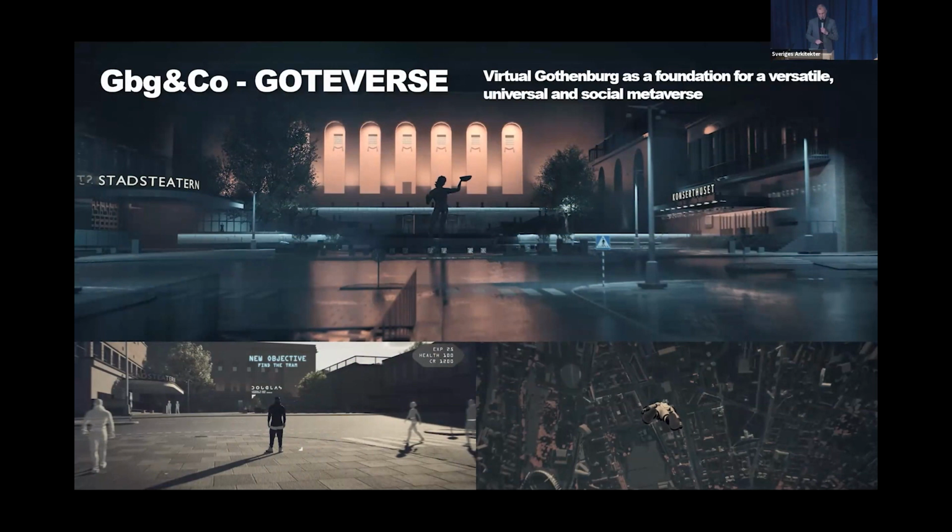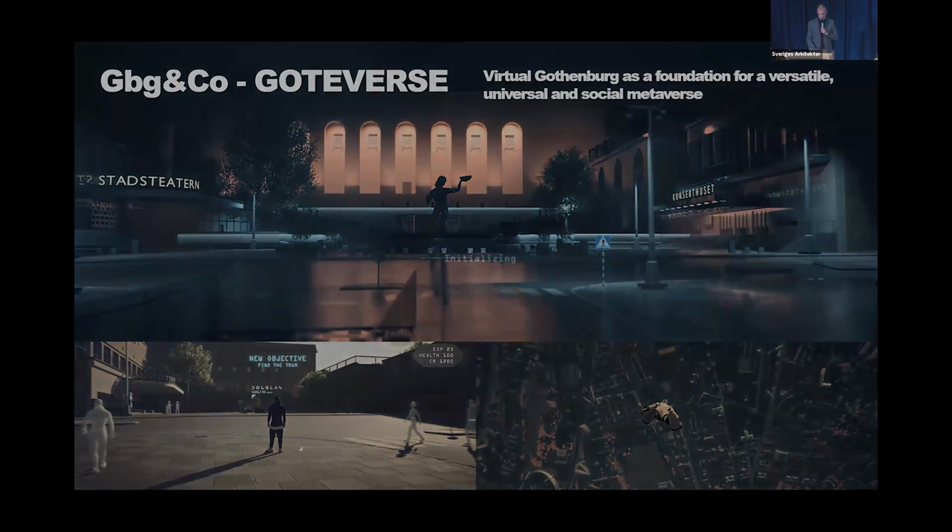We are testing how you can explore and have virtual concerts in the digital twin. And we can also use it for citizen engagement and other services. We've also seen that several cities in the world now are creating this kind of metaverse. So this is probably the future of municipal services, metaverse.